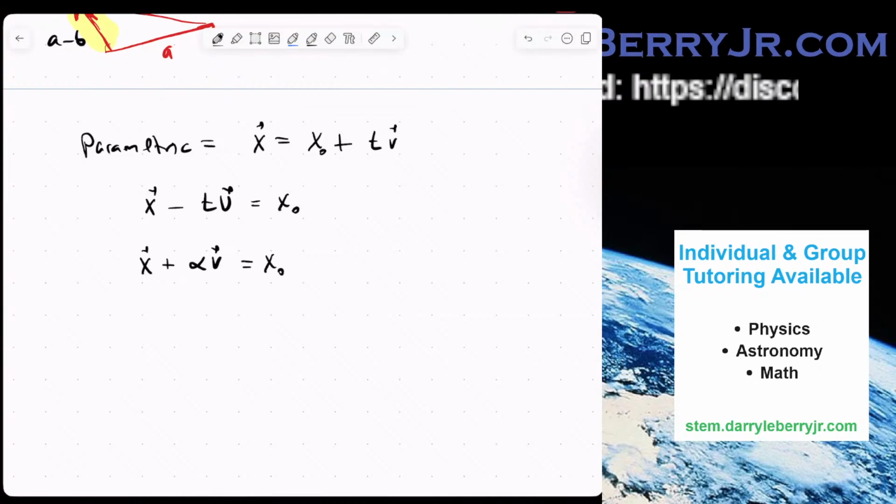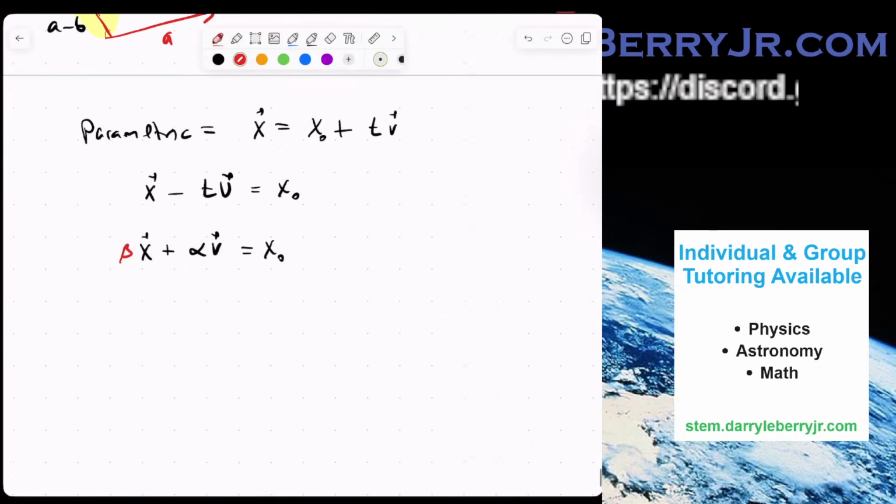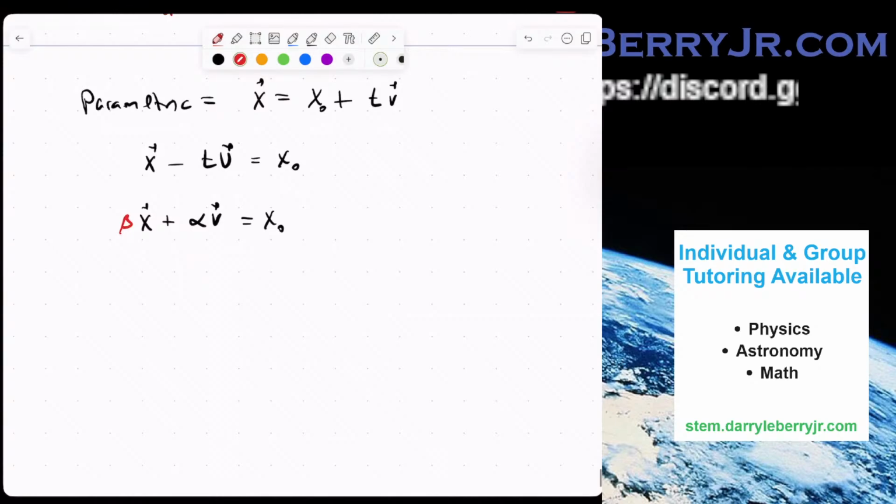Technically, this is the Cartesian. If I was to make this another vector, let's see if we can find that.